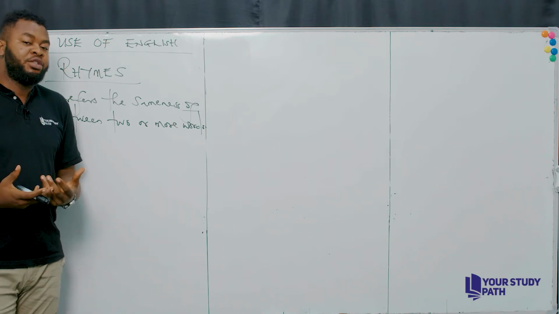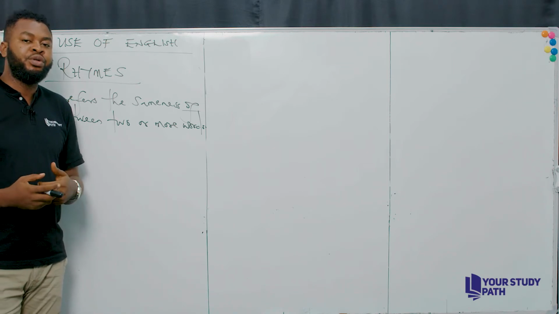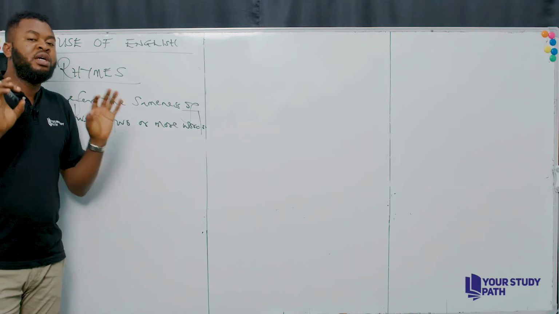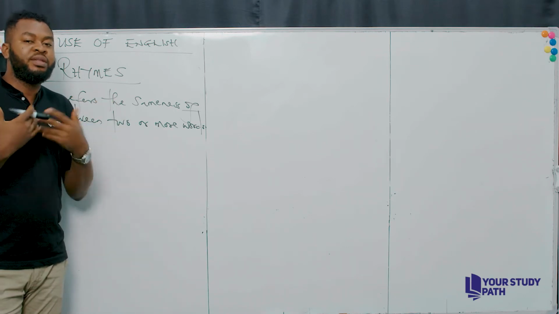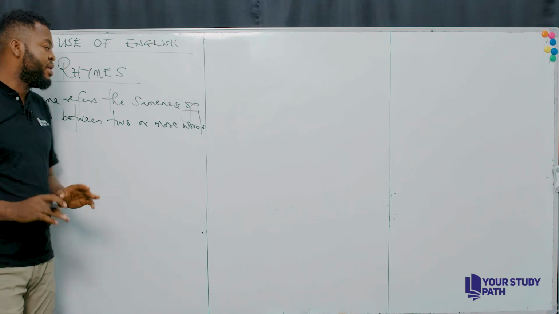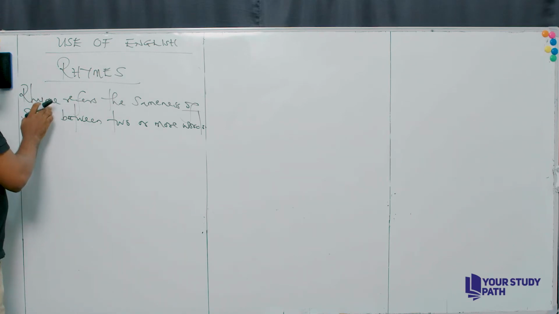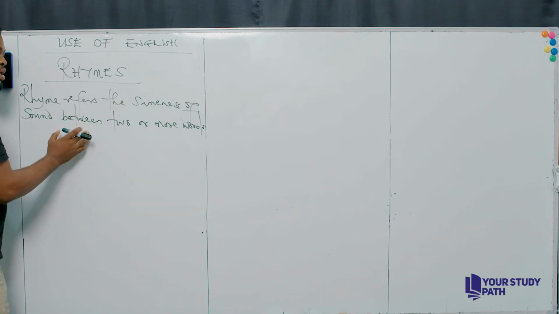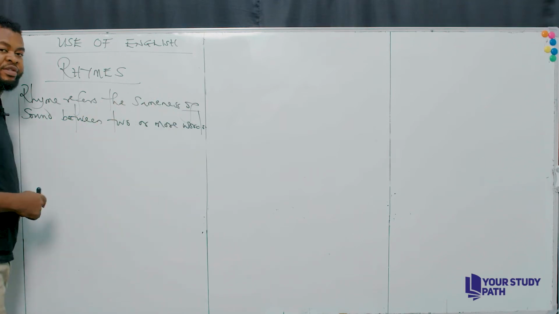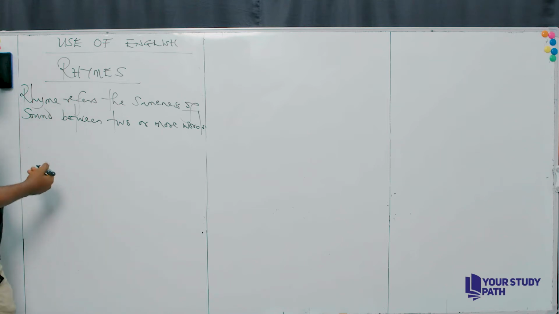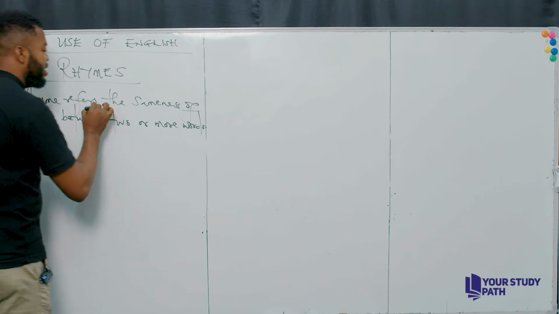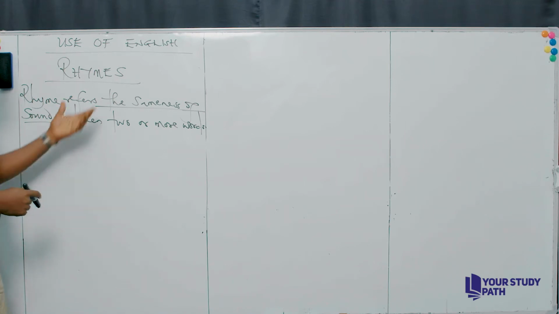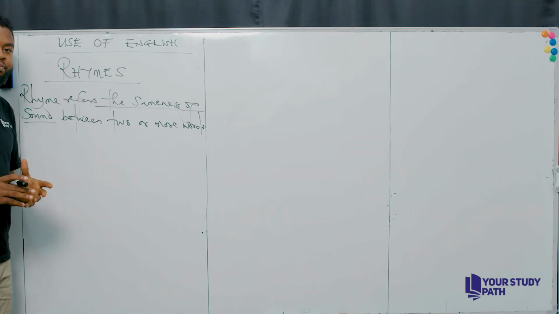And what do we pay attention to? We don't pay attention to the letterings. We rather pay attention to the sounds which those two words depict. So here you have that rhyme refers to the sameness of sound between two or more words. So the key phrase here is the sameness of sound. Is that taken? That's what rhyme depicts.